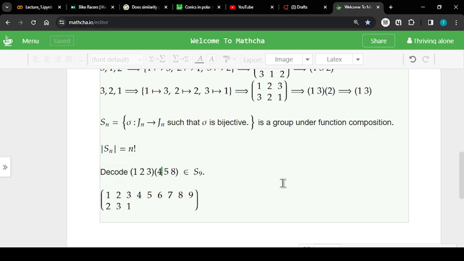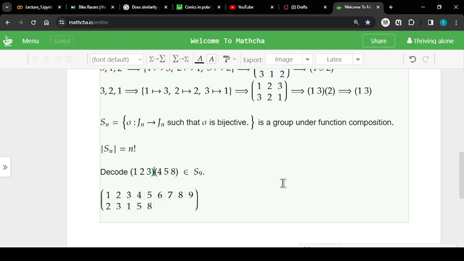Next, looking at the second cycle, 4 is mapped to 5. That's interesting. So 4 is mapped to 5, and then 5 is mapped to 8. Adjacent means they map: if 2 items are adjacent, the left one is mapped to the right one. So 5 is mapped to 8.